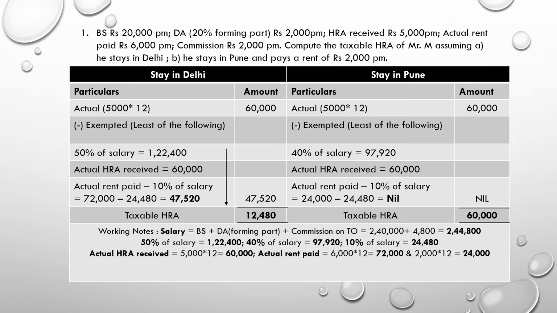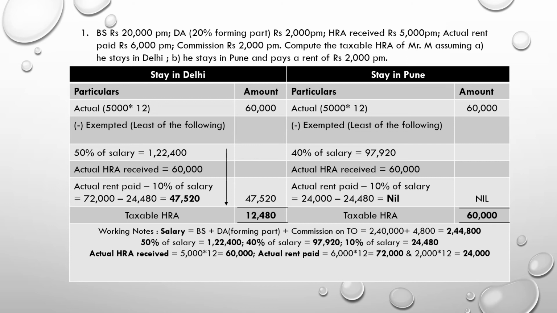The third one, actual rent paid minus 10% of salary. He pays 6,000 rupees per month as rent, which is 72,000 per annum. And 10% of salary will be 24,480. Thereby, we get 47,520.